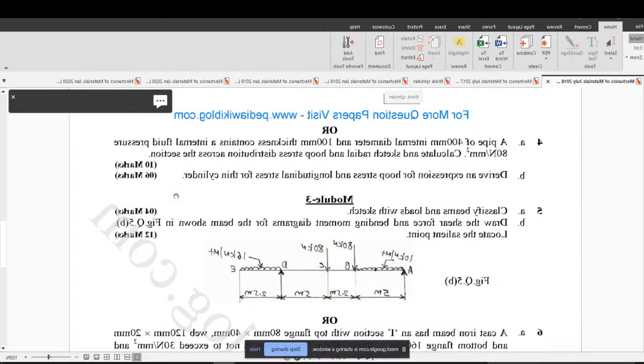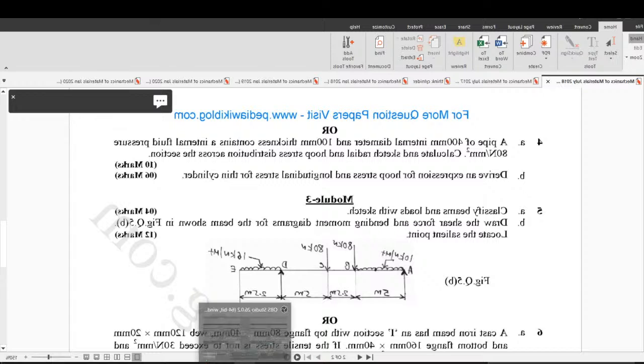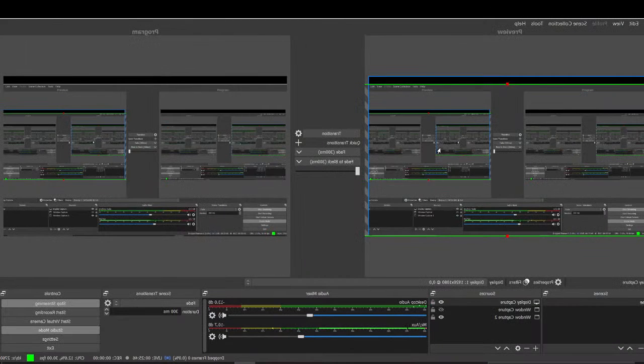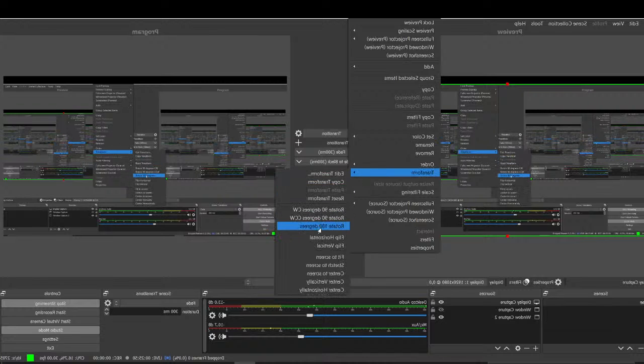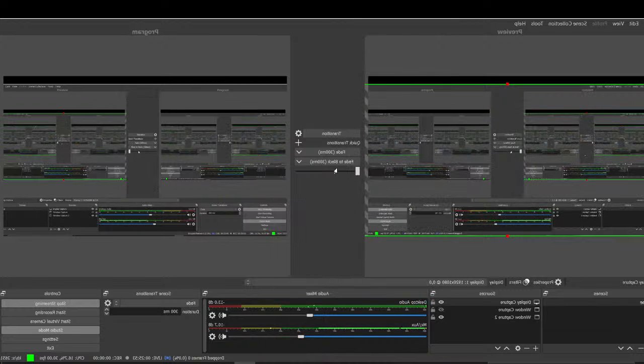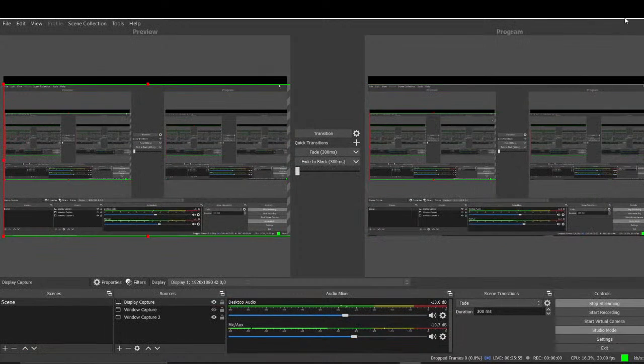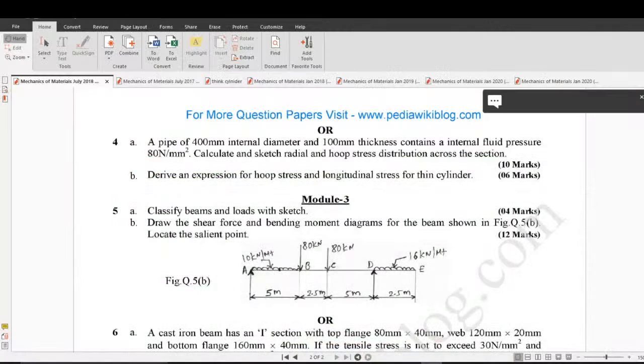So we'll take the thick cylinder topic, and there is a very important derivation in that also. Especially the derivation problems are very important. It will definitely come in the exam. You'll see in the question paper, a thick cylinder problem will definitely come in the exam. So we'll see how those problems are going to be solved.